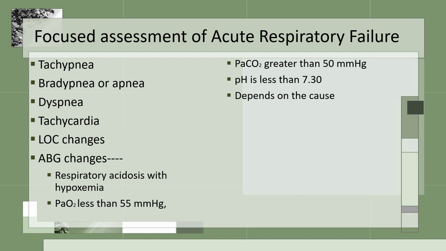Your PaO2 is going to be less than 55, and that's extremely low. Your PaCO2 is going to be greater than 50. Your pH is less than 7.30. And your other assessments will depend on the cause.